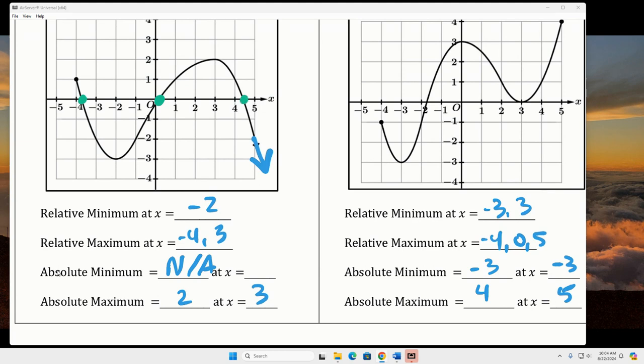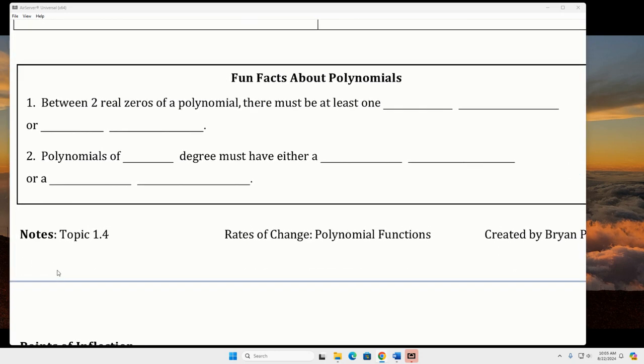Here's 2 zeros. Between any two zeros, there has to be either a relative minimum or a relative maximum for that to happen on a polynomial function. So there must be at least one local maximum or local minimum.